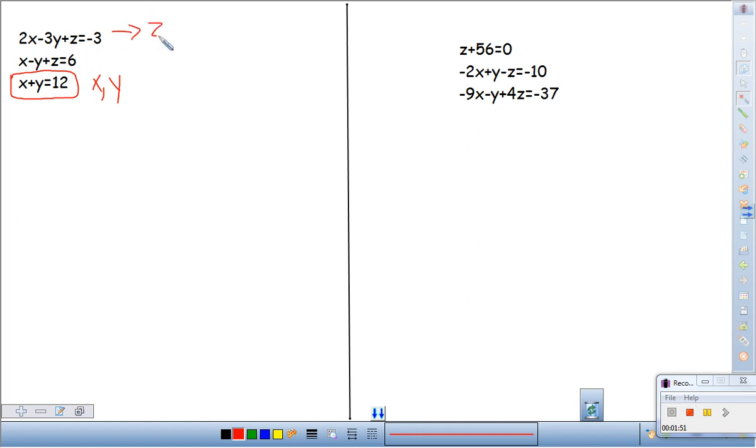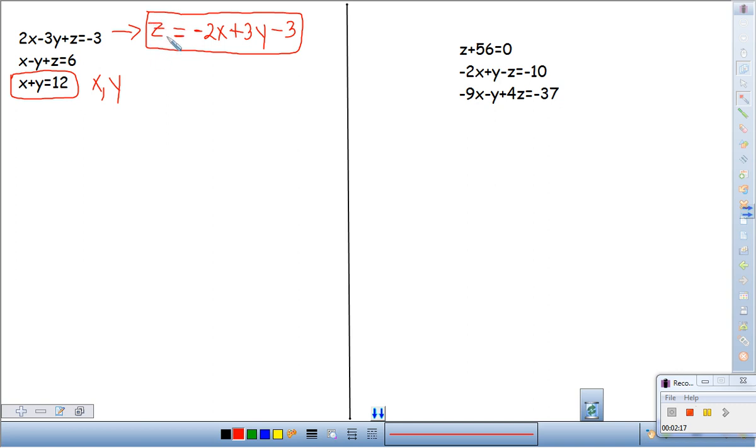So z equals, when we're isolating, we have to move 2x and negative 3y to the other side of the equal sign, which means that their signs are going to change as well. So z equals negative 2x plus 3y minus 3. And this becomes my substitution value.